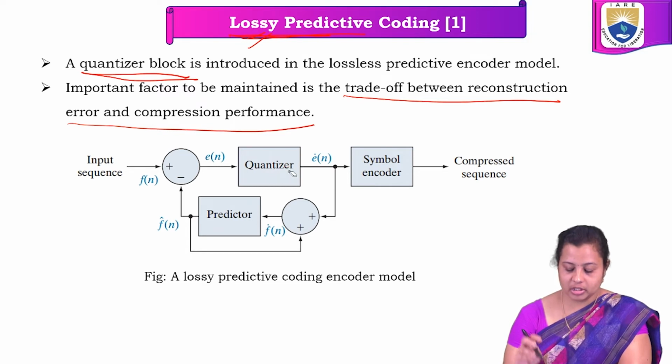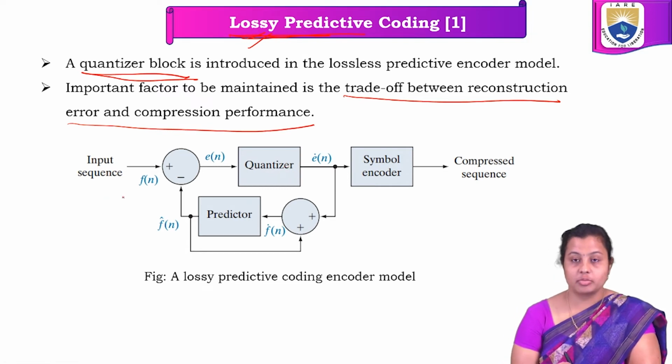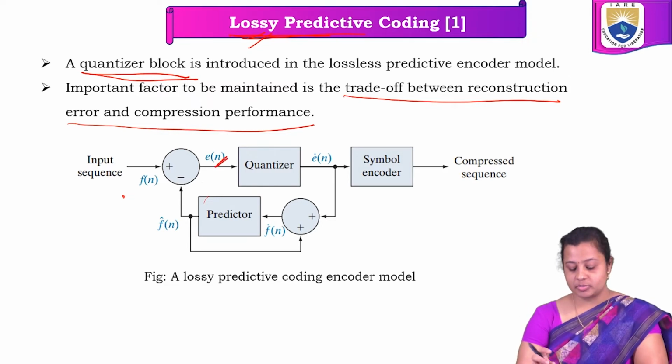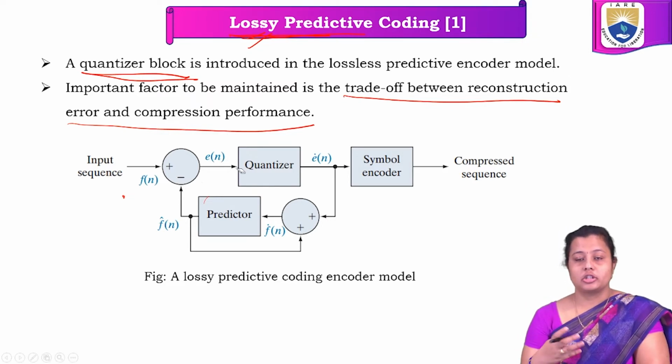If I have an input sequence, that same input sequence is given to my predictor also. Based on my previous samples, I get a predictor value, and based on that predictor value I get an error, e of n. That is the lossless predictive code.